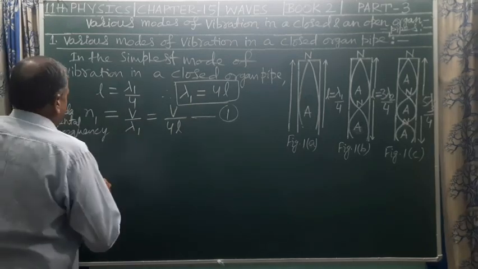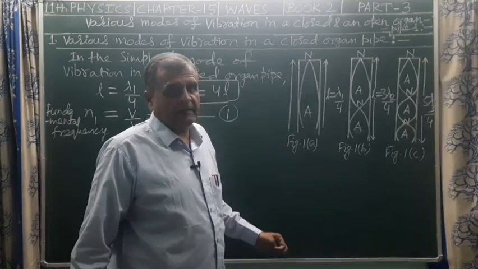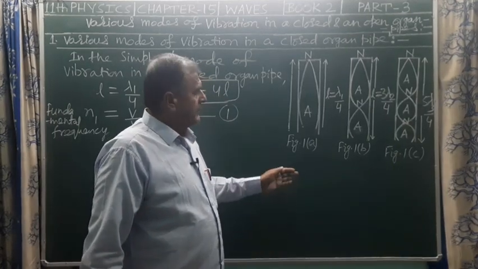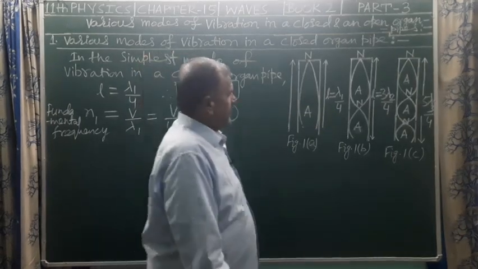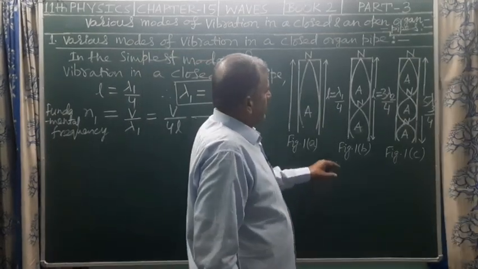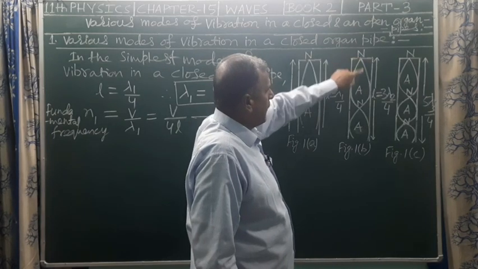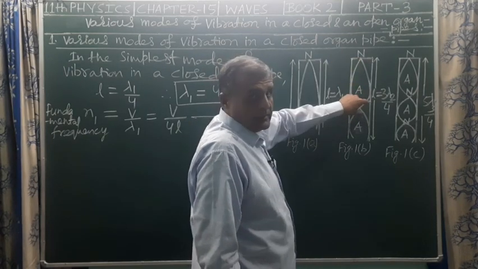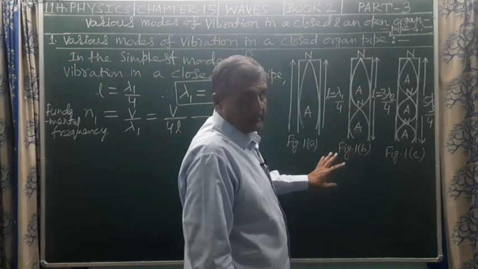Now, in the second mode of vibration in a closed organ pipe, two nodes are formed inside the tube, while two antinodes are also formed.